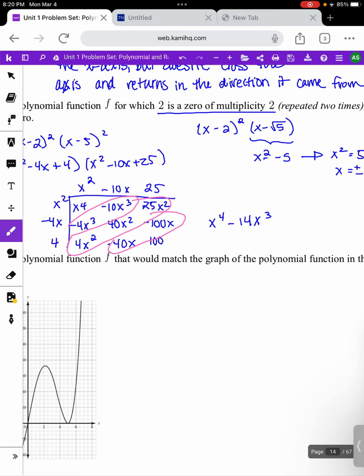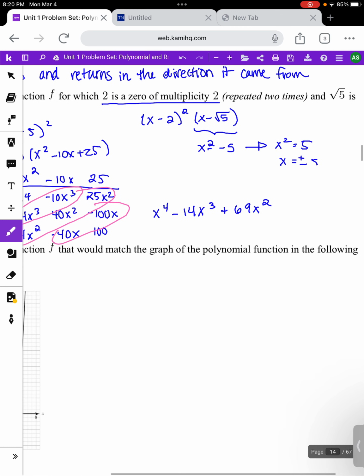That is notes from a long time ago, which you don't need to see. 65 plus 4 is 69. Minus 140x plus 100. And that is our answer.